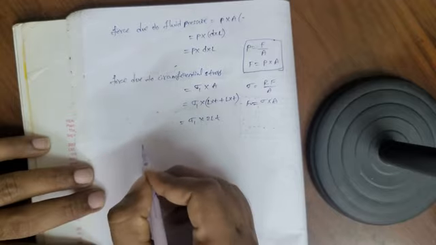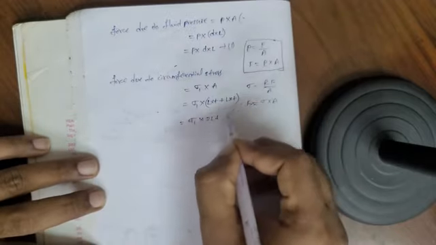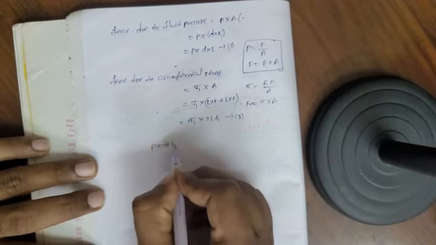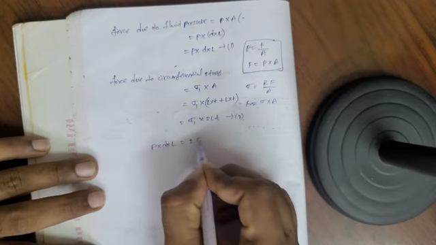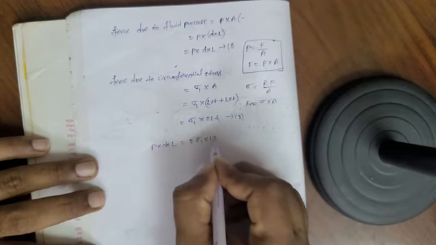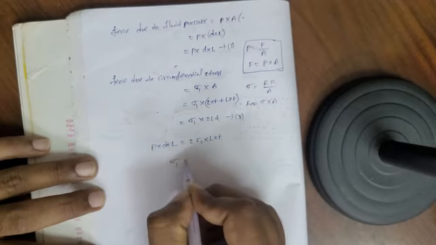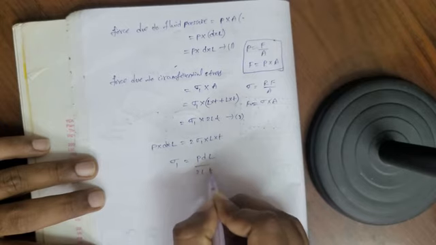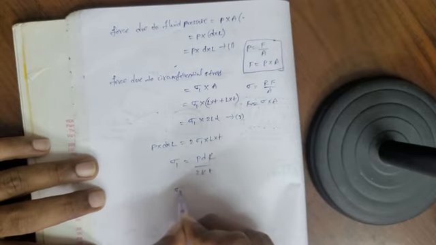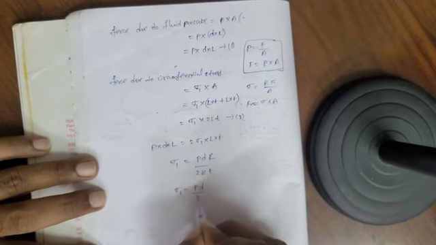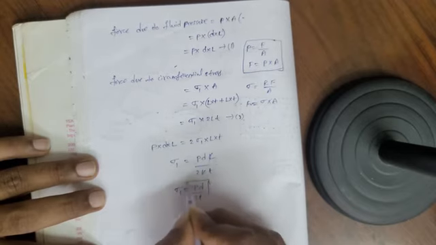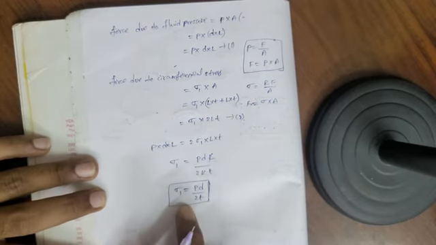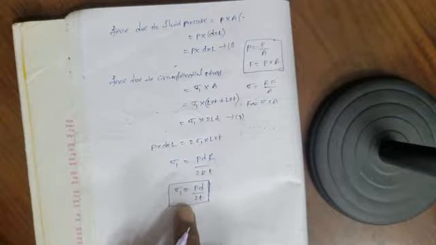That means equating these two equations 1 and 2, we get P into D into L is equal to 2 sigma 1 into L into T. For sigma 1 we can calculate PDL by 2LT. Here L cancels and sigma 1 is equal to PD by 2T. So this is the expression for circumferential or hoop stress.